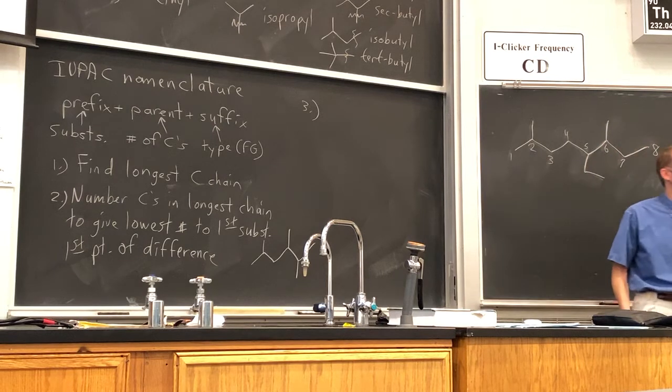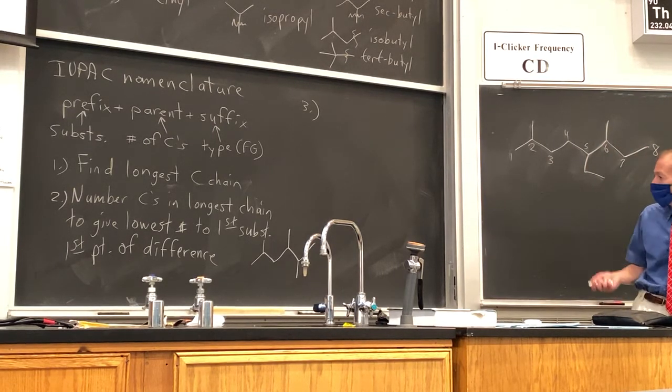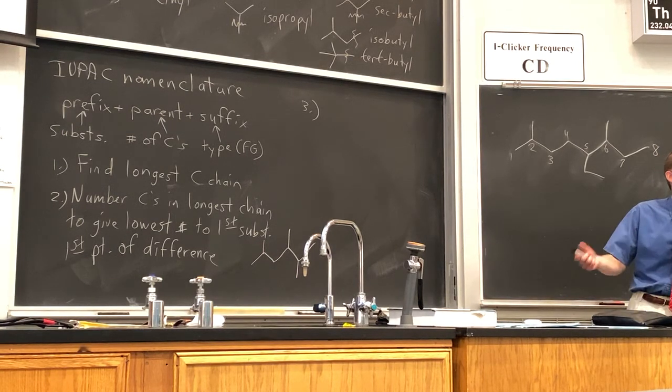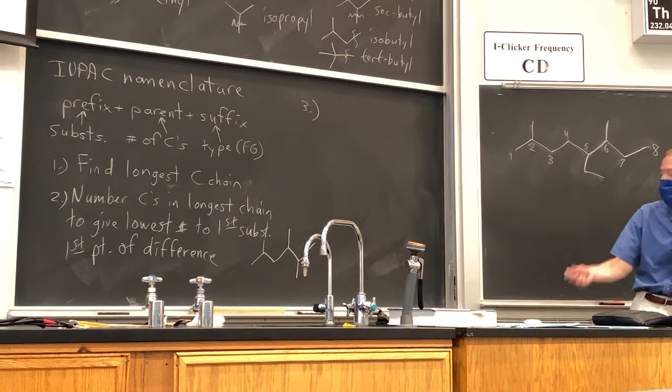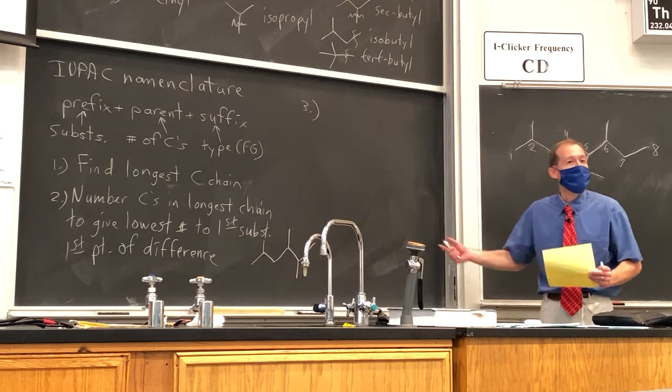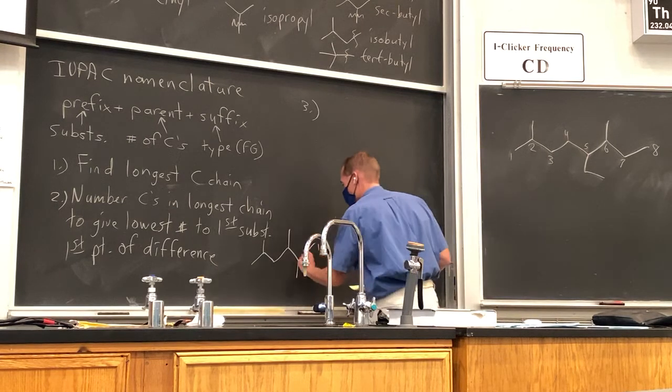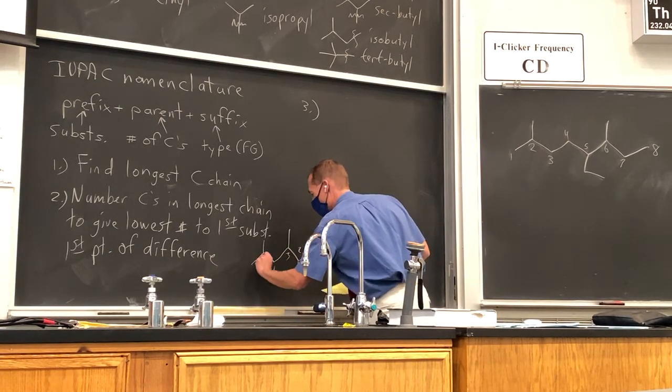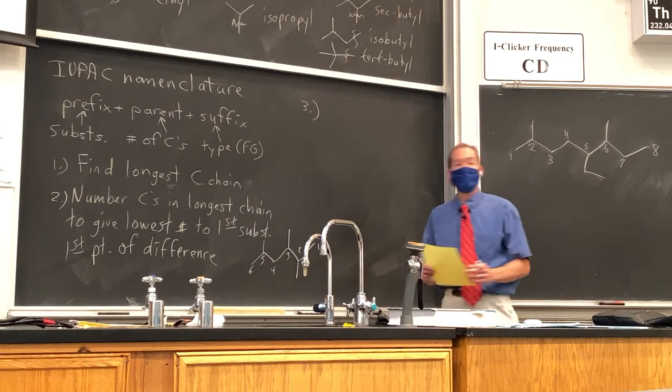This particular molecule, would we number from the left or from the right? We number from the right because we encounter the first substituent at carbon 2 in either direction, but the second substituent's on carbon 3 if we go from the right. It would be on carbon 4 if we went from the left. So we go 1, 2, 3, 4, 5, 6, going from the right in this case.